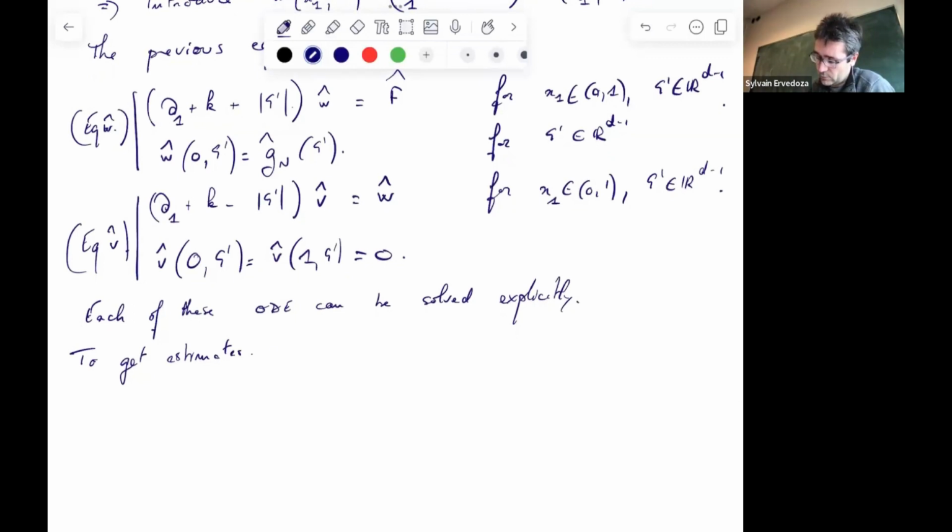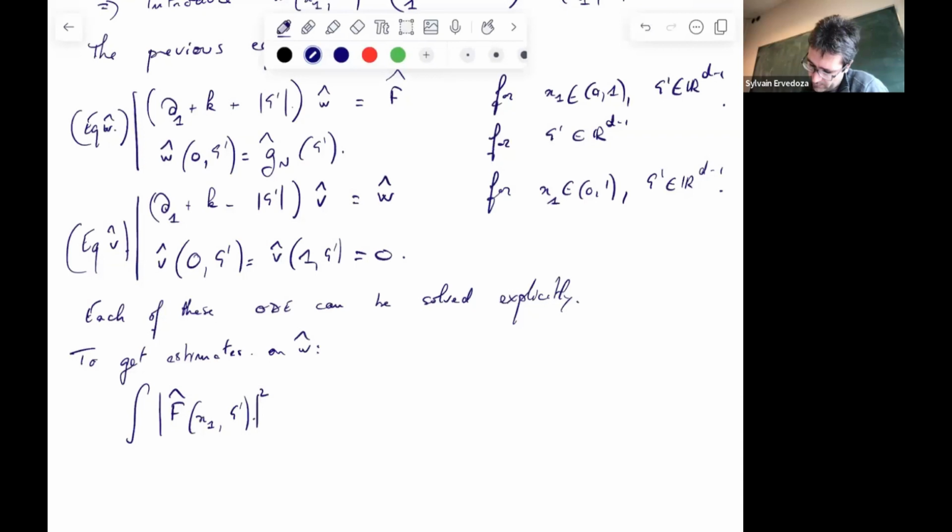So to get estimates on w hat, what you do is simply take the square of this equation. You do all the computations with psi prime fixed, because this is an ODE in x1. So we fix psi prime and do the computations with psi prime fixed.